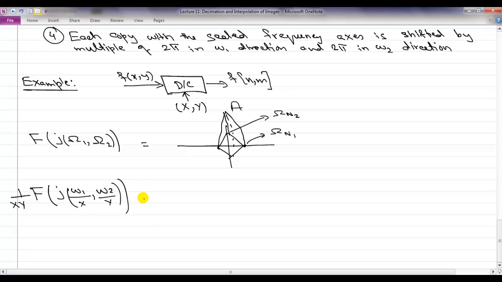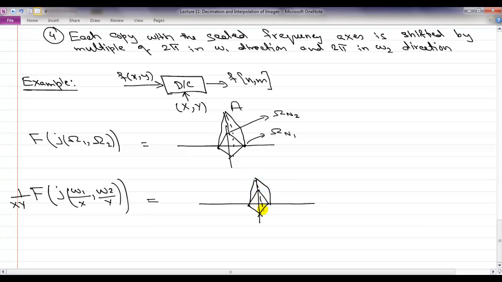Because if you understand what this looks like, then you just shift it around at 0, 2 pi, 0, 4 pi, 2 pi, 2 pi, and so forth. So what would this copy look like? Of course, the main assumption is that your height is scaled by 1 over xy.